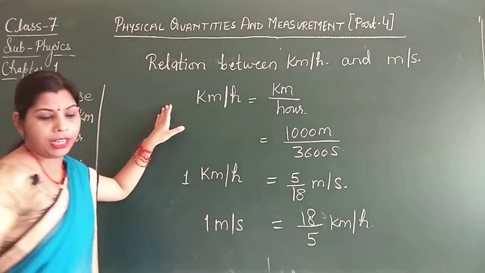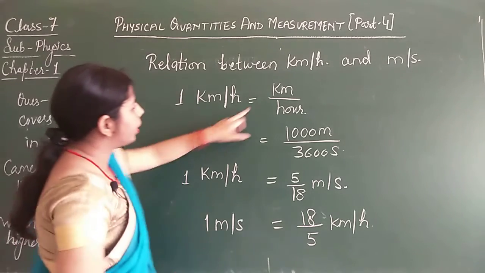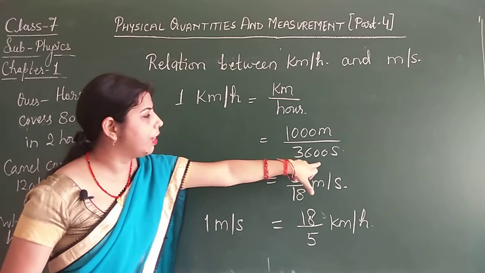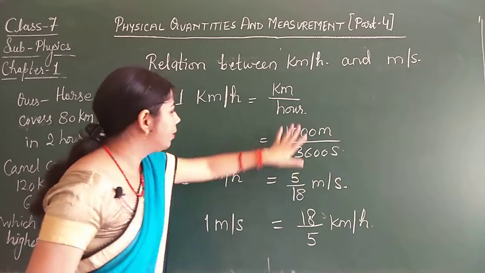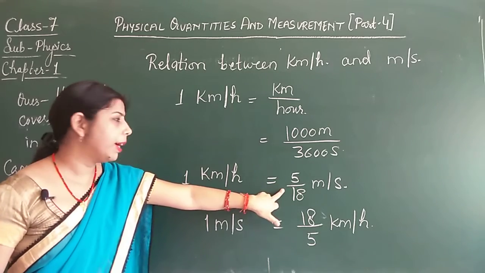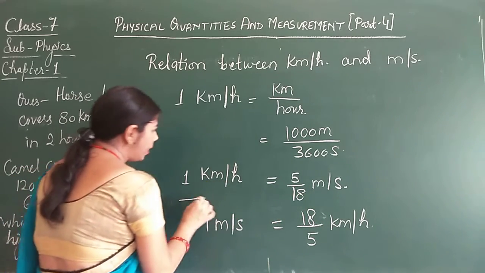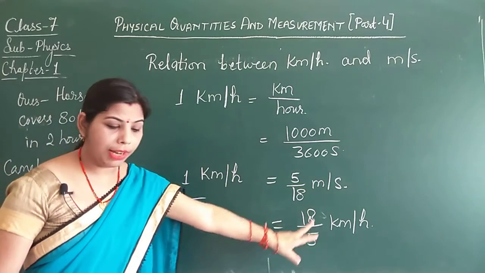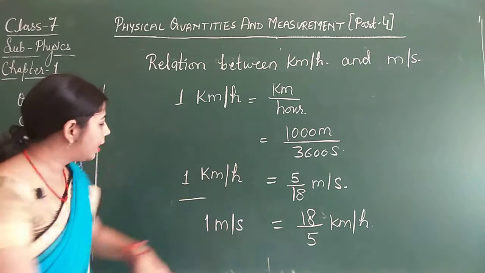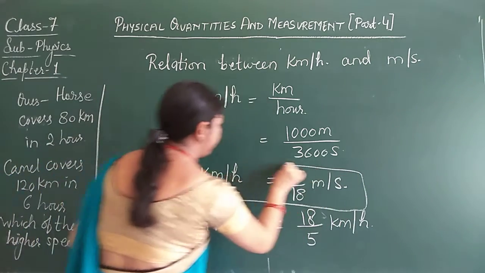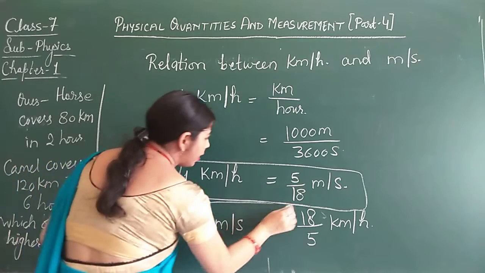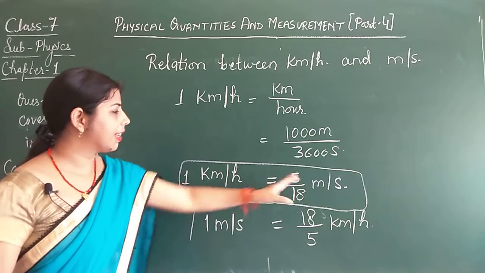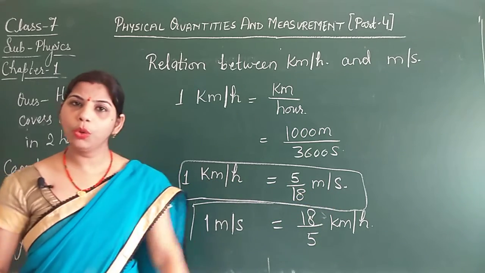We took 1000 meter for 1 kilometer and 3600 second for 1 hour, and on dividing we get 5 by 18 meter per second. For 1 meter per second it is the opposite, 18 by 5 kilometer per hour. With these two things we can convert. If the numerical is given in kilometer per hour and the answer is asked in meter per second, we can use this.